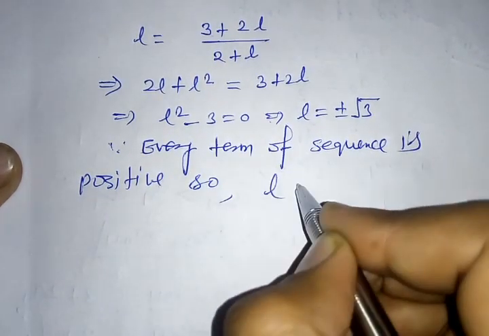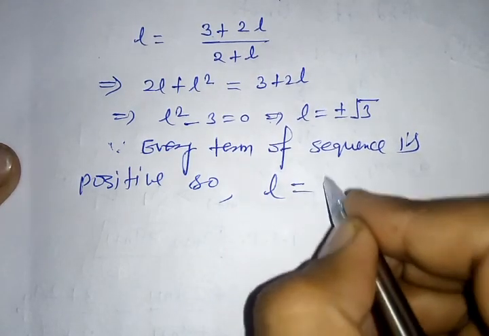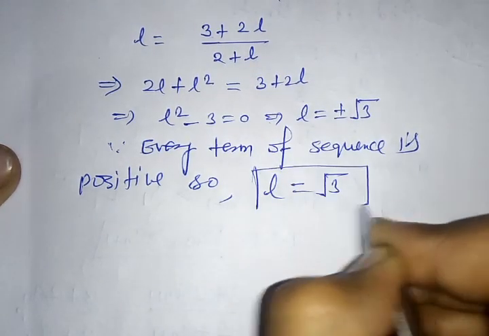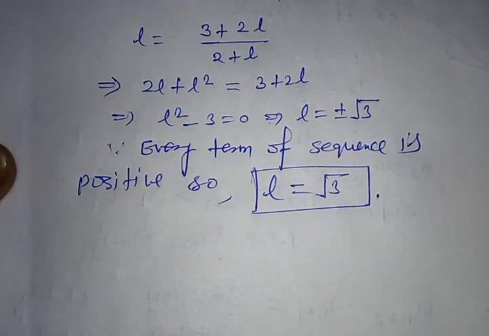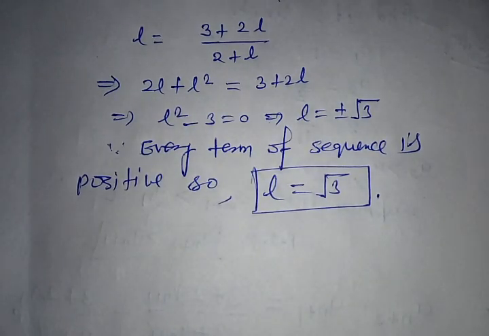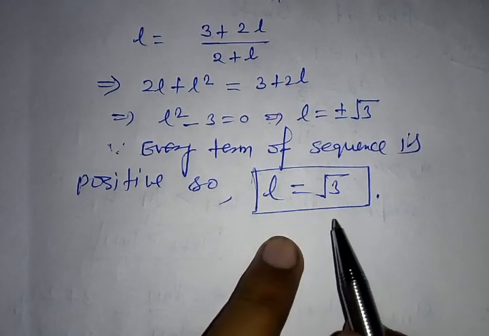So the limit will also be positive, and we take L equal to root 3. Okay, so we have proved that the sequence is convergent, and then we have found the limit of the sequence, which is equal to root 3.